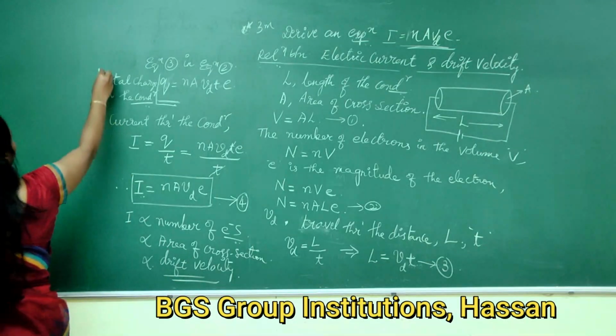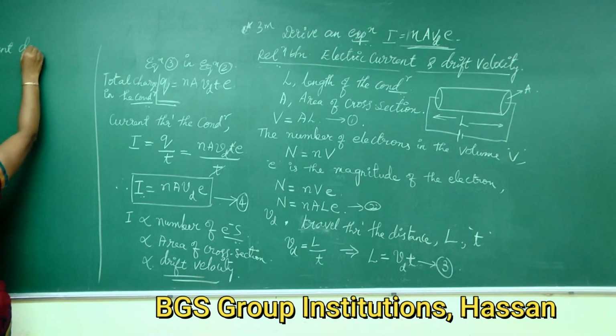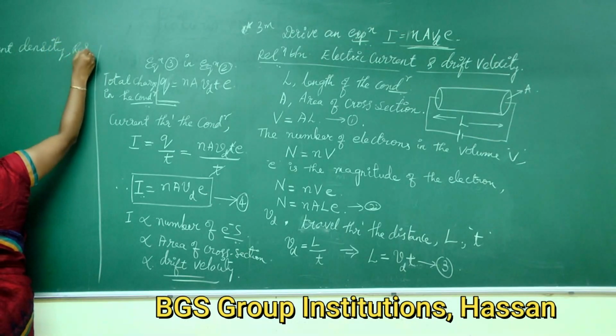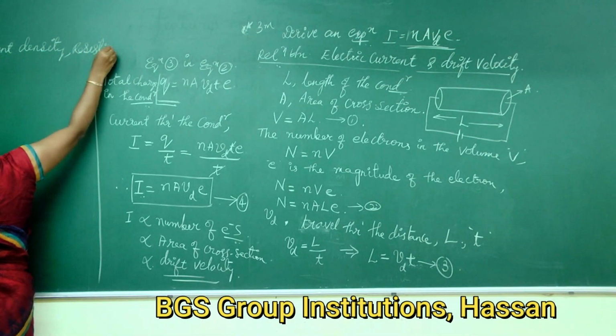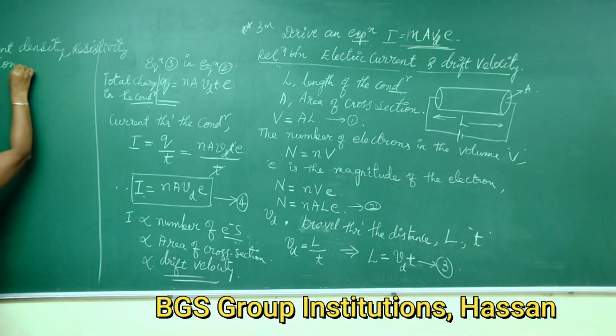So now we'll find out the relationship between current density, resistivity and conductivity.